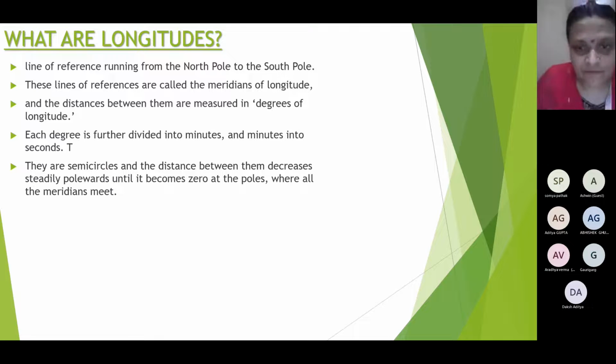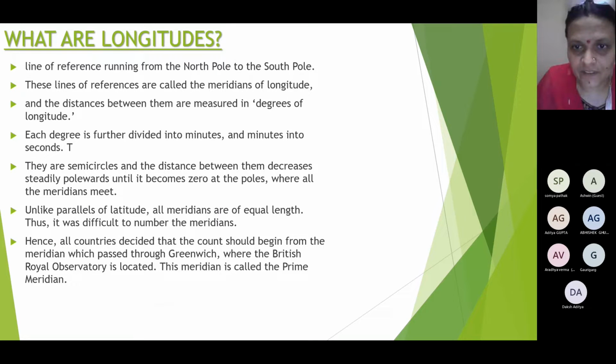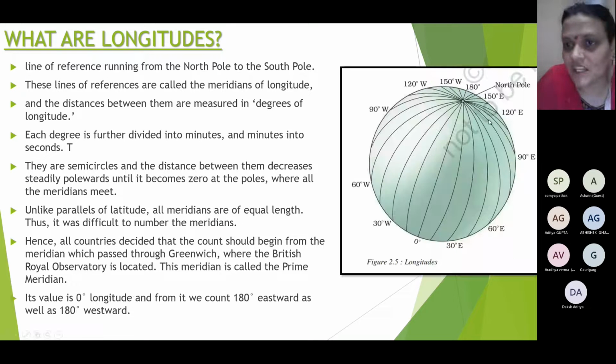They are semicircles. If you see this, I have taken a picture. They are semicircles. And the distance between them decreases steadily until it becomes zero at the poles.